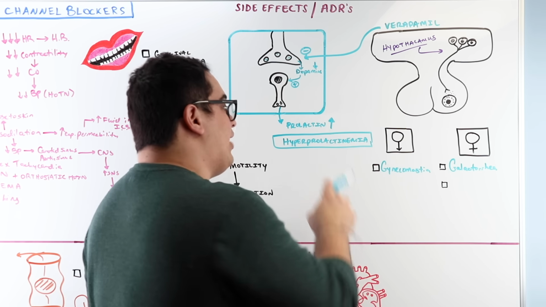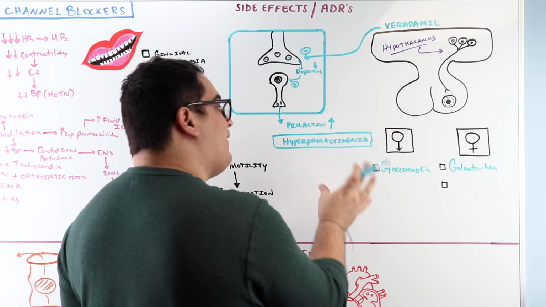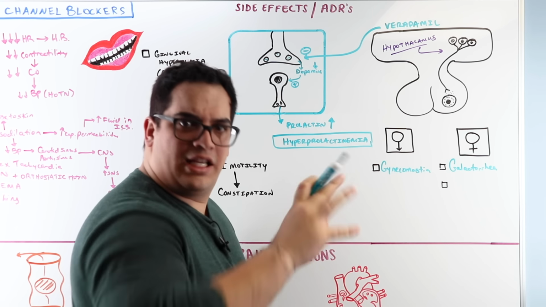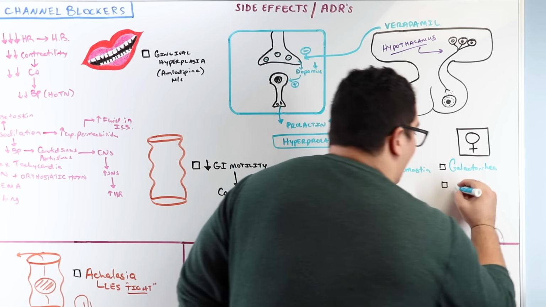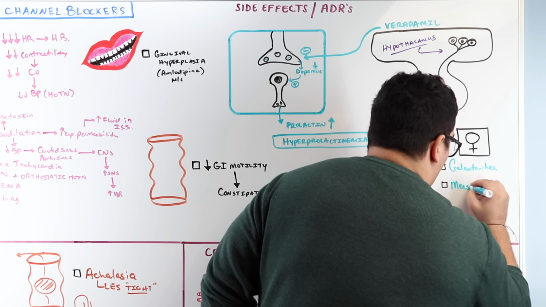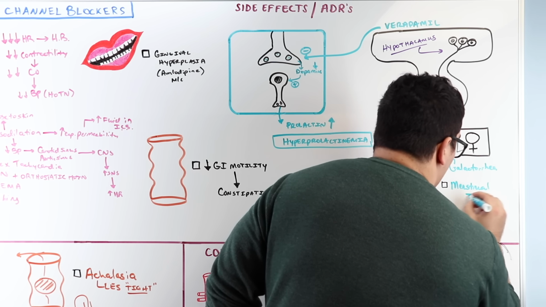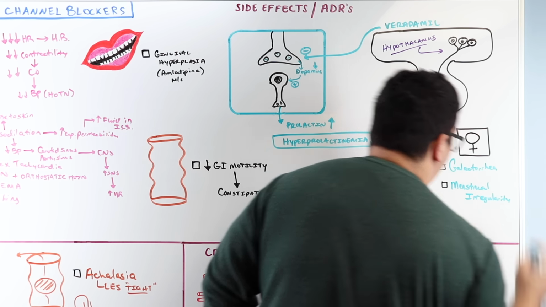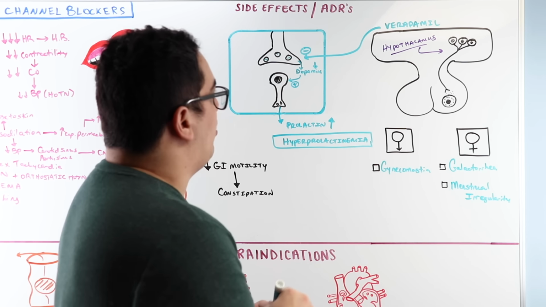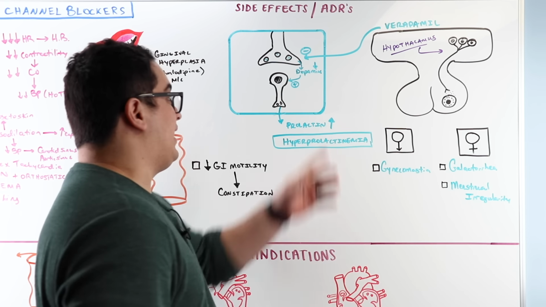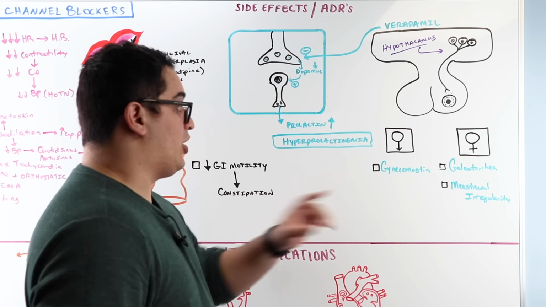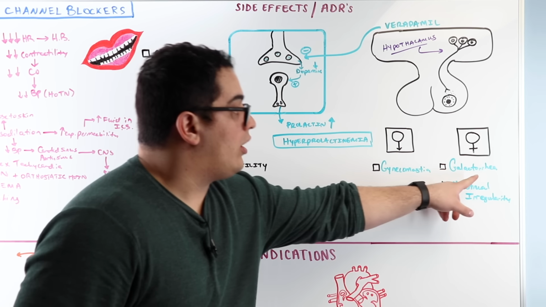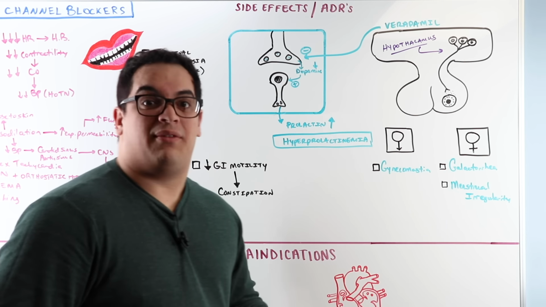On top of that, it also can affect the normal FSH and LH activity as well as estrogen levels, and that could potentially lead to certain types of menstrual irregularities. Okay? So that's something that you need to be aware of with Verapamil, is that it can potentially produce hyperprolactinemia, causing gynecomastia in males, galactorrhea, and menstrual irregularities in females.